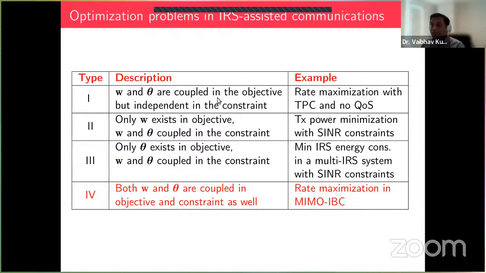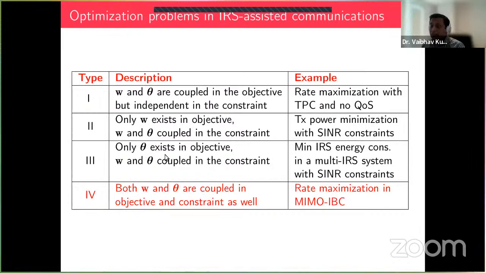The second type of optimization problem that we will see in IRS assisted communication is where we have only the transmit beamformer in the objective, but the transmit beamformer and IRS phase shift are coupled in the constraint. An example of this is if I want to minimize the transmit power of my overall system from the transmitter, and at the same time I have some SINR constraint, or quality of service constraint, at the receivers.